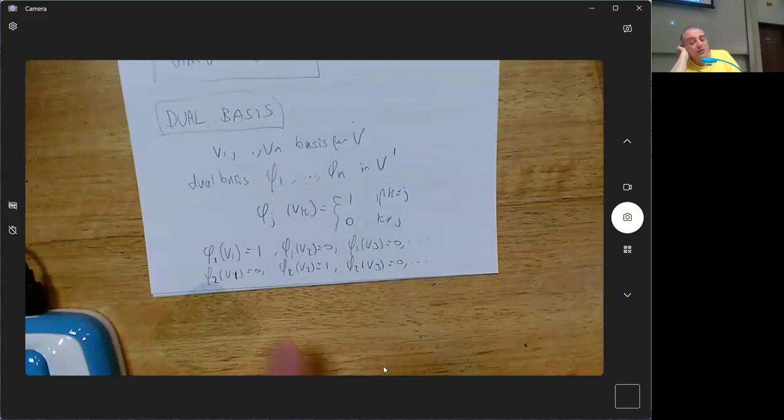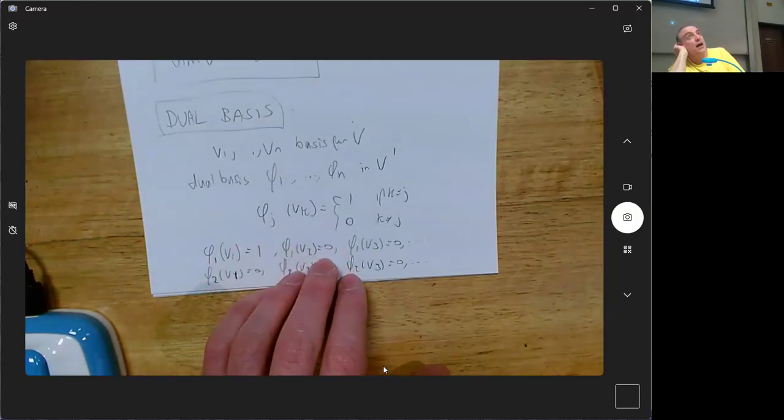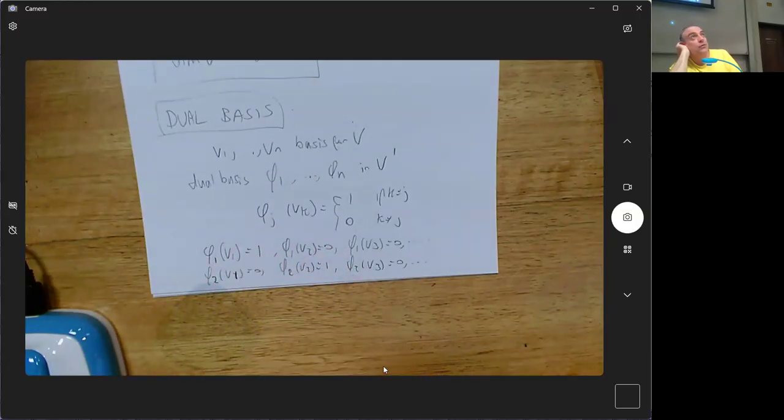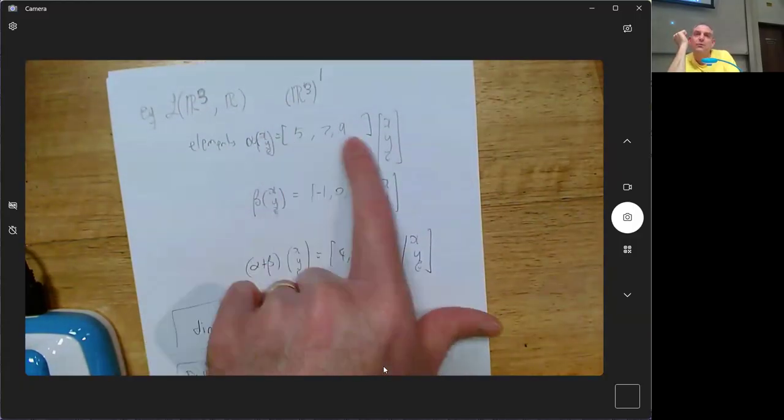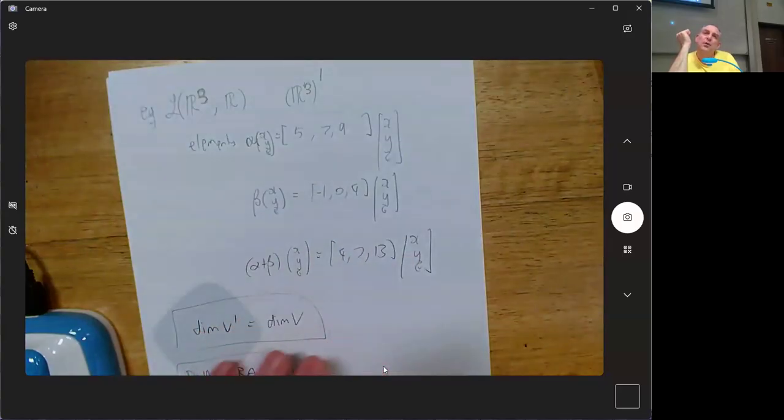And so these linear functionals are such that when you apply the linear functionals to the basis, you get 1 or 0. So it's a little bit like doing the dot product of vectors, because if your original vectors are column vectors and your dual vectors are row vectors, it's kind of like doing a dot product.